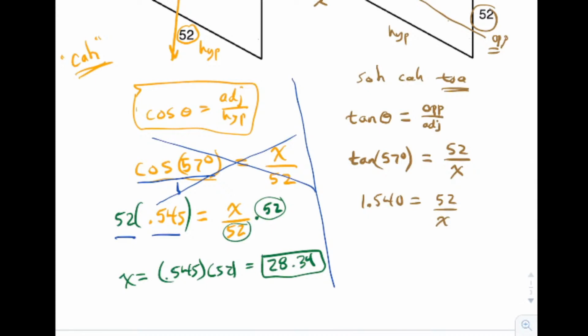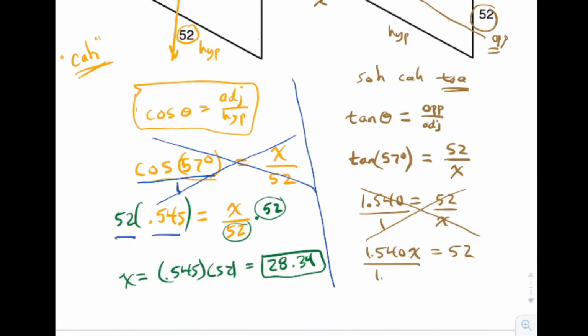Now you're going to solve that one. I suppose you could multiply both sides by x, but I don't like to look at it that way. I really like to look at this one as a proportion. That makes it easier for me, because then I can do cross products. Remember, you can always stick a 1 underneath anything. 5 over 1 is the same thing, right? So if I stick the 1 underneath, all of a sudden it looks like a proportion, and I can do cross products. 1.540x is on this diagonal, 1 times 52 is on this diagonal.